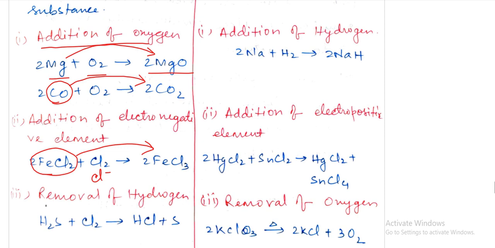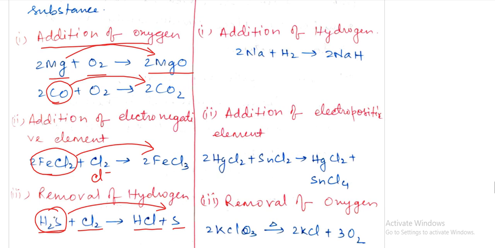Next, removal of hydrogen. If hydrogen is removed, it is called an oxidation reaction. Here H2S, hydrogen sulfide, reacts with chlorine and forms HCl and sulfur. From hydrogen sulfide, hydrogen is removed and it forms sulfur. So hydrogen sulfide is oxidized to form sulfur, because hydrogen is removed.